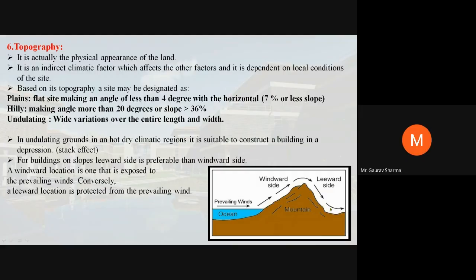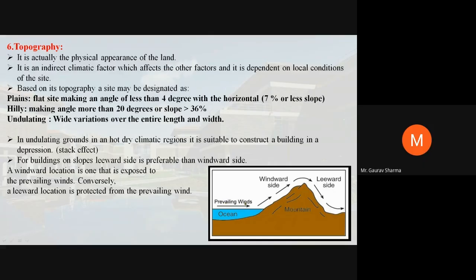So topography is affecting the different elements of climate, because we know very well that if wind position is changing, wind is directly linked with temperature, so temperature will also change. Again these both will make changes in the humidity of the region. So in this way it changes.